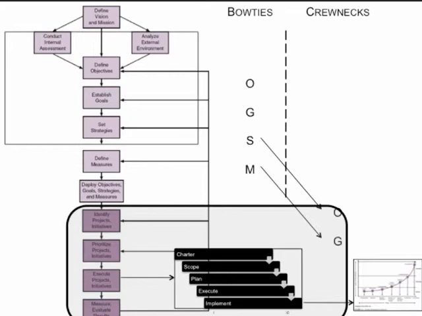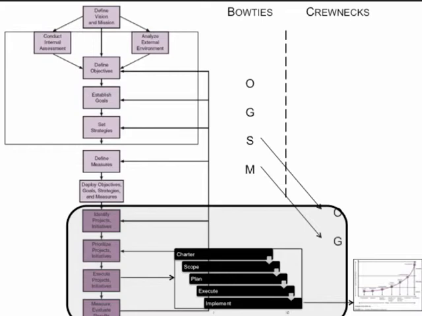Well, now throw in the third dimension here, that sometimes there is a communication breakdown, not only between the bow ties and the crew necks, but between the bow ties and the crew necks of the IT department as well.